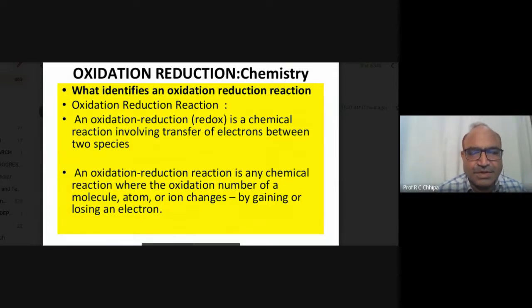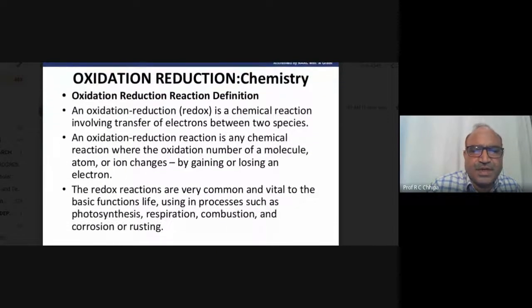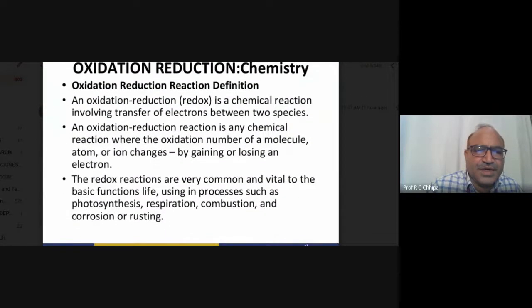Oxidation numbers change by gaining or losing electrons. This is the basic concept behind oxidation and reduction. One more thing is how this redox reaction will occur.